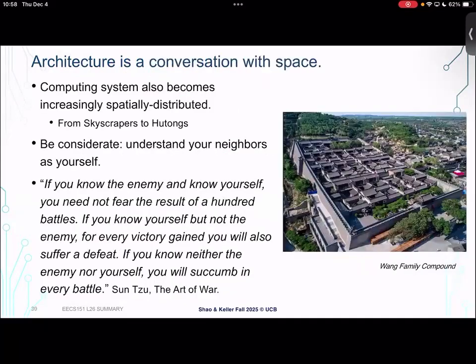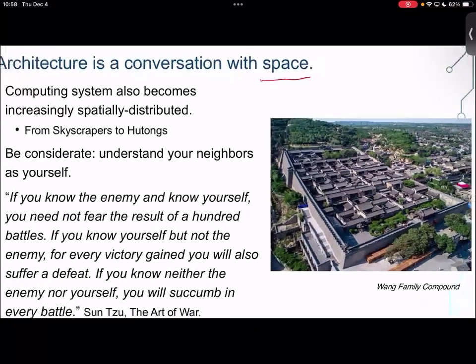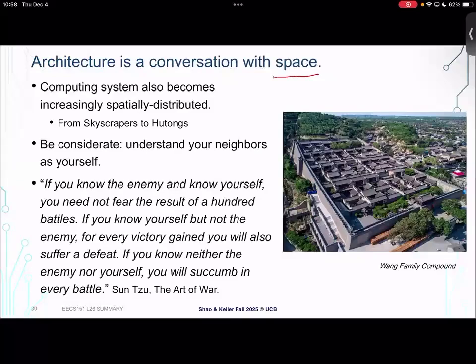Another thought I want to leave here, I guess we have a couple minutes left, is also related to architecture. We talked about how things have adapted or transformed over time. But especially more recently, architecture is also really a conversation about space. What do I mean by that?